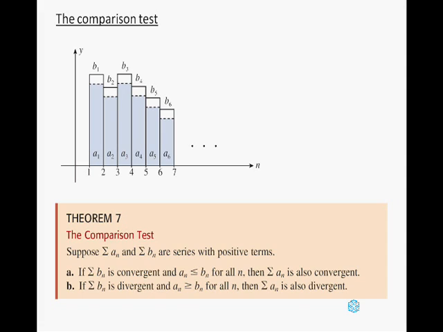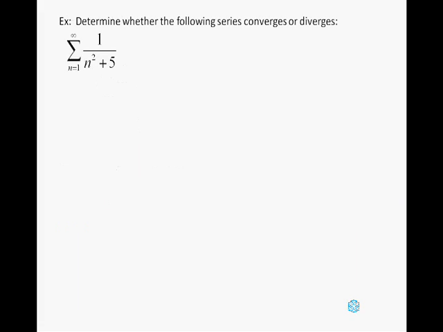We're now going to look at an example of the comparison test. So determine whether the following series converges or diverges. We begin by writing out the nth term of this series, which is. We now compare an with a similar term, which I choose to be the following. Note that when n is large, the values of an are very similar to the values of bn.